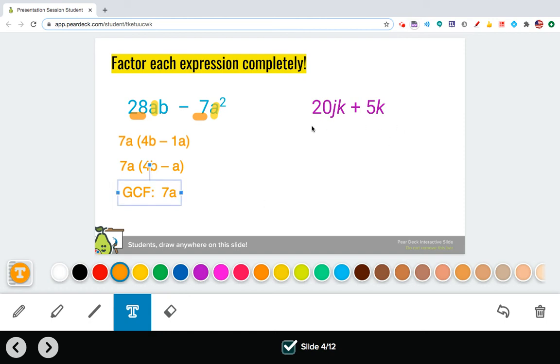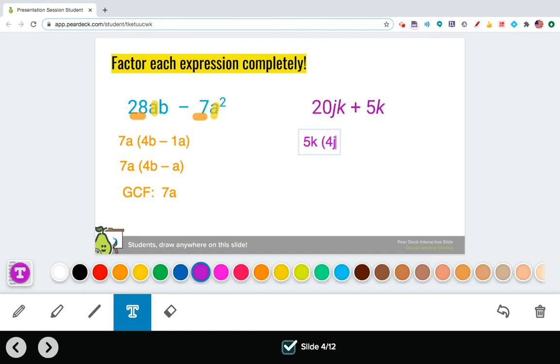So now we're going to look over here. And the same thing, we want to find out what is the greatest common factor between 5 and 20. I usually start with my numbers. I know 5 is the biggest number I can divide them both by. And then I would look at the variables. They both have a k. And now I would use my parentheses. 5k times what is 20jk?